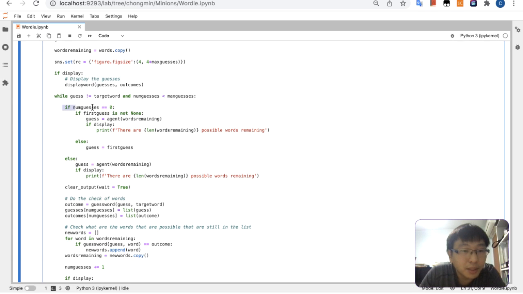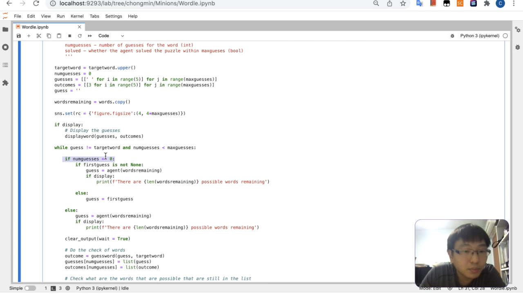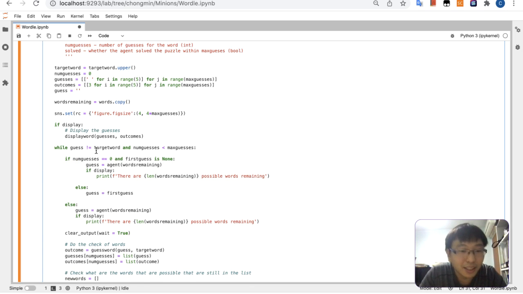Okay, because if num guesses is 0, if first guess is not none, this should be if first guess is none. Actually, we can compare. Oh yeah, I did wrong logic. If num guess is 0 and first guess is none.